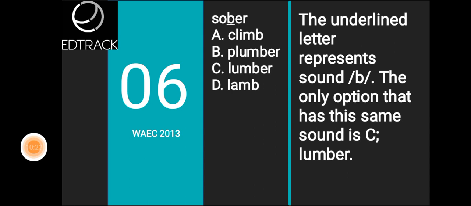Option B is pronounced as plumber, plumber. You are going to throw away that letter B you see there again because it has no function there. It is not pronounced. So the word is pronounced correctly as plumber.